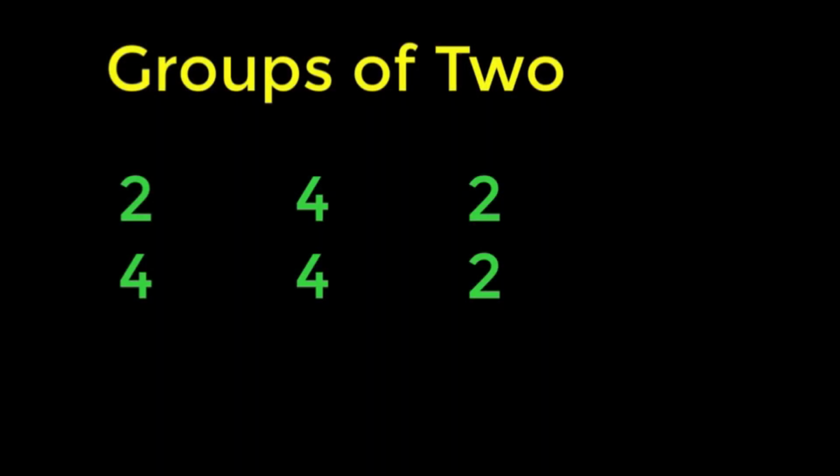Now, the difference between the 2 is pretty easy to discern. Groups of 2, that will be 2/4, 4/4, 2/2. It's a straight up and down rhythm. 1, 2, 3, 4, 1 and 2 and 3 and 4 and 1. It's very straight up and down. I won't say square, but kind of.